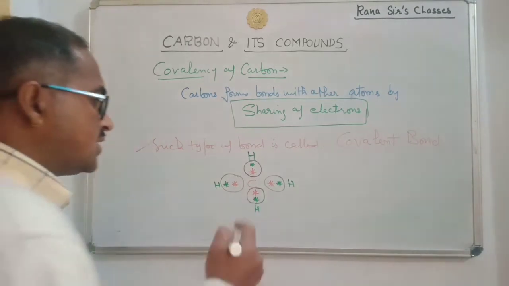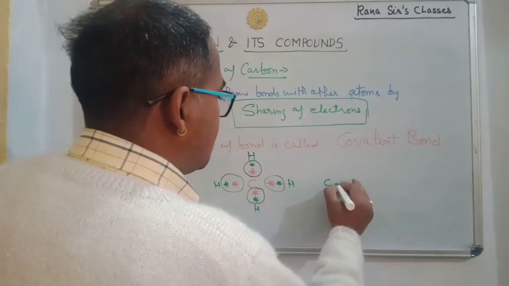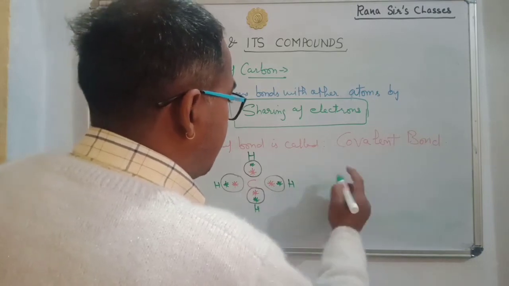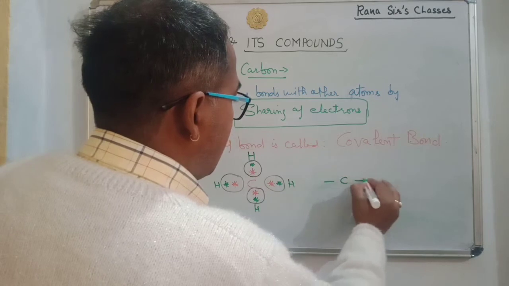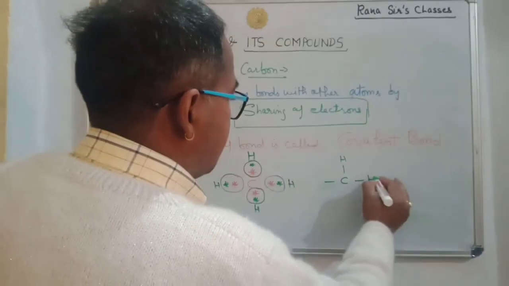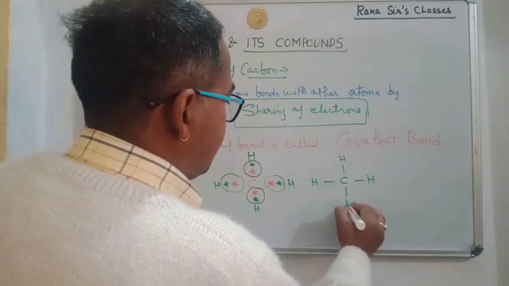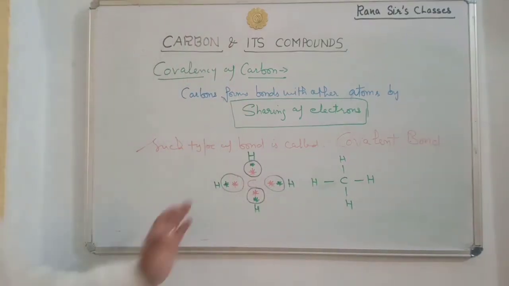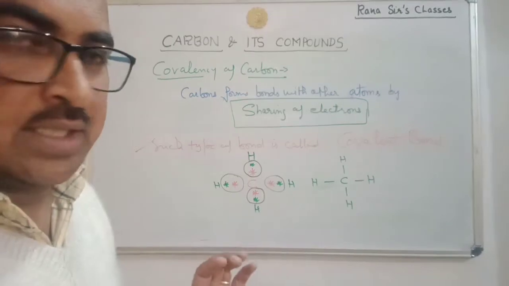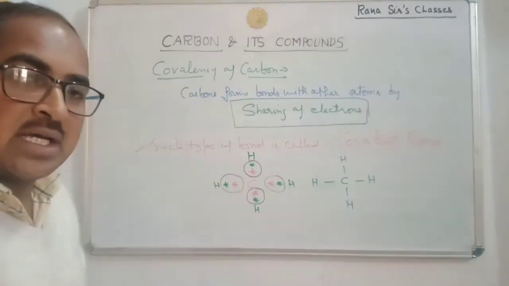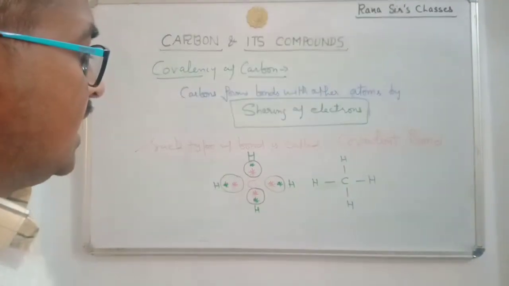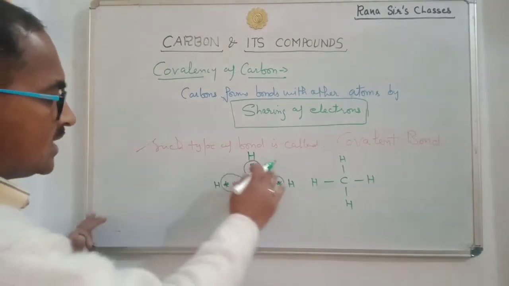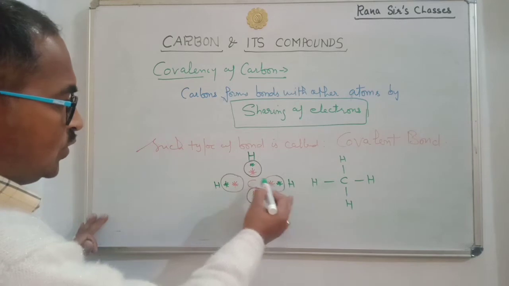So we can also do like that, because 2 electrons make a bond. We can also write this in a manner which is drawn here. This is a covalent bond by sharing the electrons. Now to fulfill its octet, how many electrons are there for carbon? 2, 2, 2, 2.